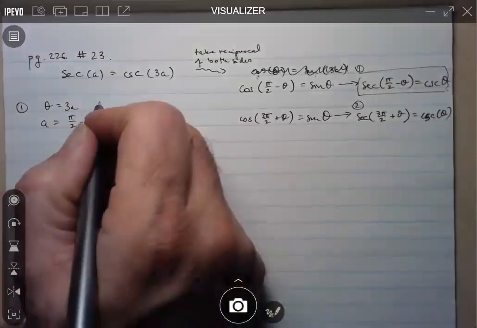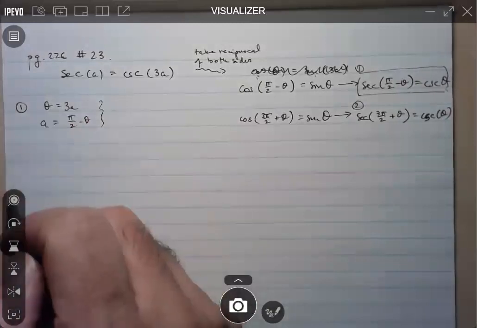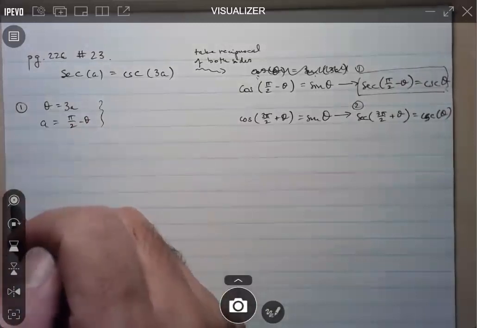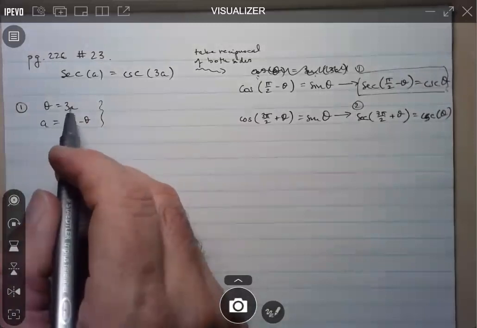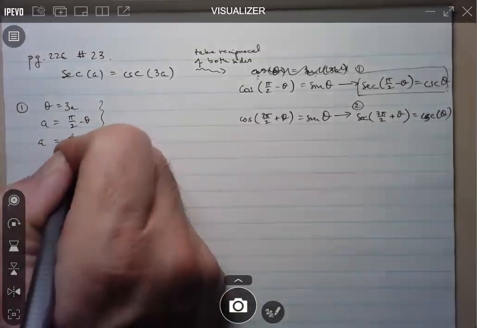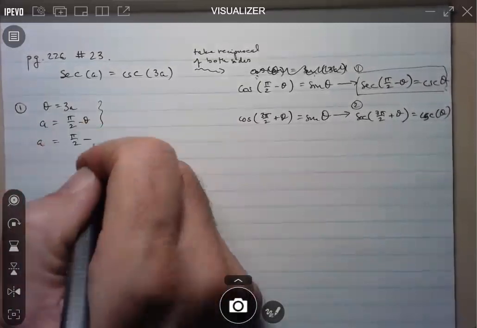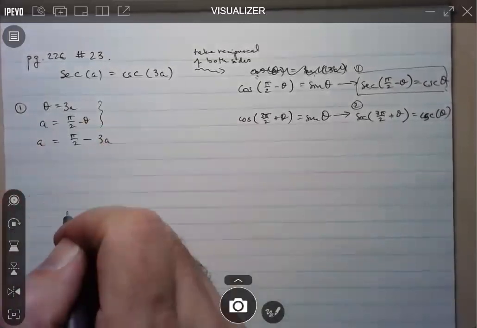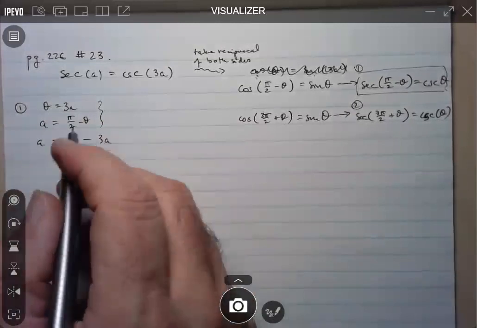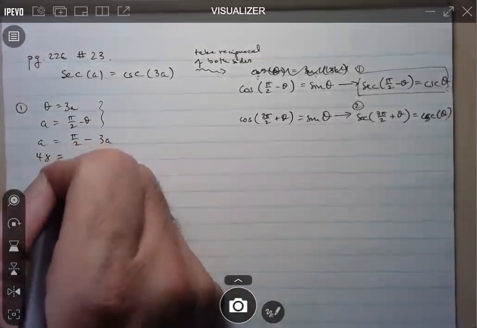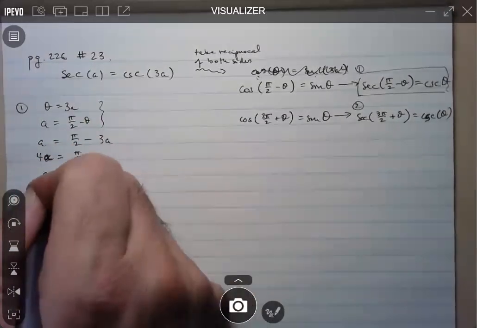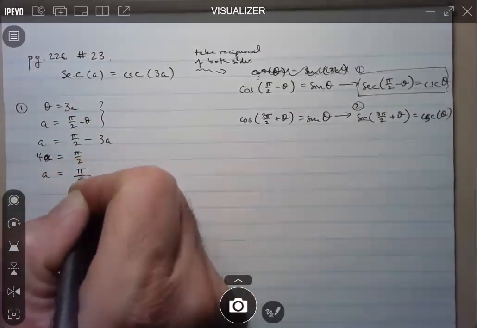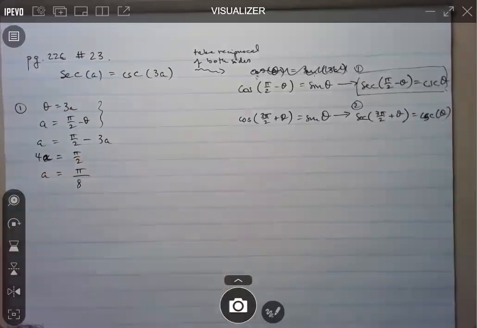So now, like before, I do a little substitution. Here I have a equals pi over 2 minus 3a, and now I can solve this. Bring the 3a to the other side, so it's 4a equals pi over 2. Divide by 4, and I get pi over 2 times 4, which is pi over 8.